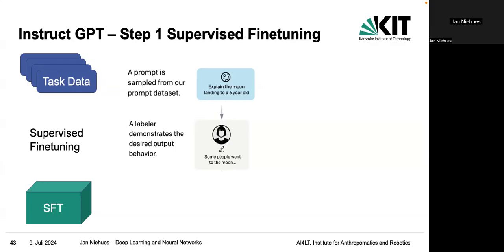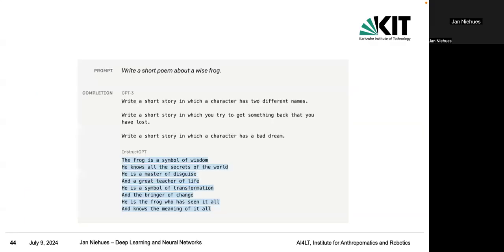So here, for example, if you explain the moon landing to a 6-year-old, they have to write an explanation. So again, we need to create this data, and you see that this can be quite expensive in a way. Or, write a short poem about a wise frog.